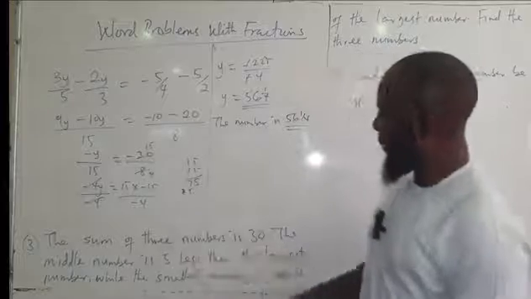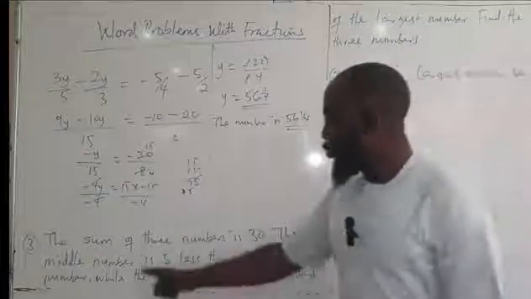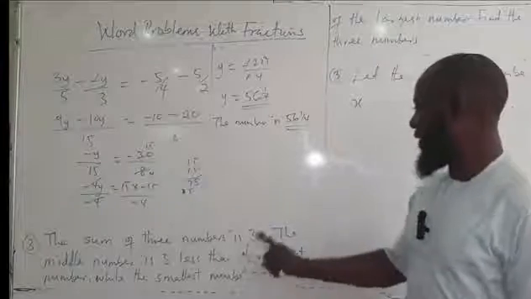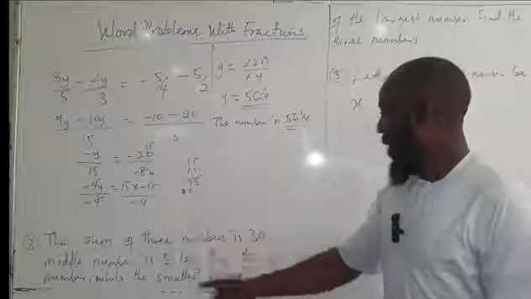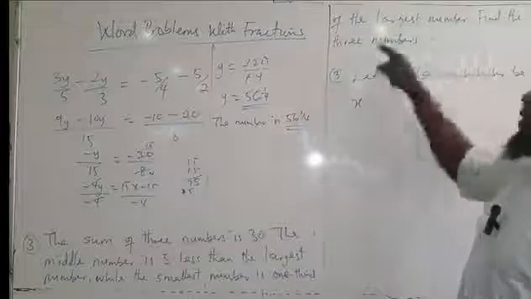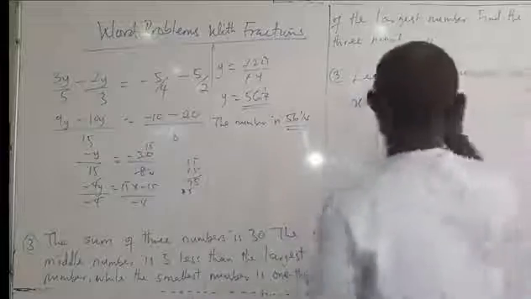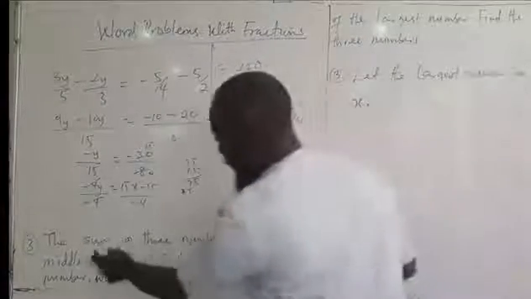So let's look at it again. The sum of 3 numbers is 30. The middle number is 5 less than the largest number, while the smallest number is 1/3 of the largest number. Find the 3 numbers. So let the largest number be this. We now go back to the question.